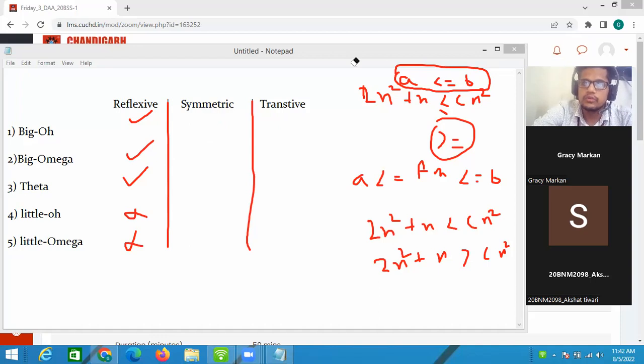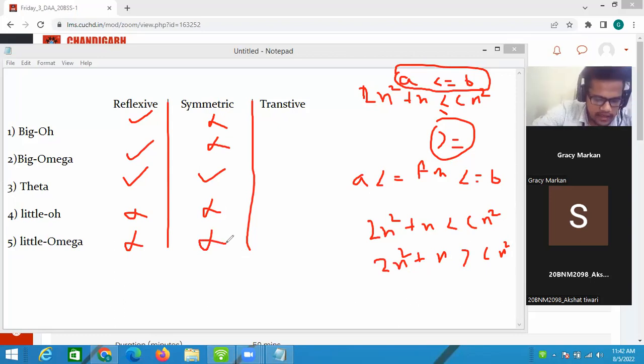Symmetric means we are going to find the point where the condition changes, meaning the average case. So the average case occurs only in theta. So there is no symmetric property for the others; there is no symmetric property here.